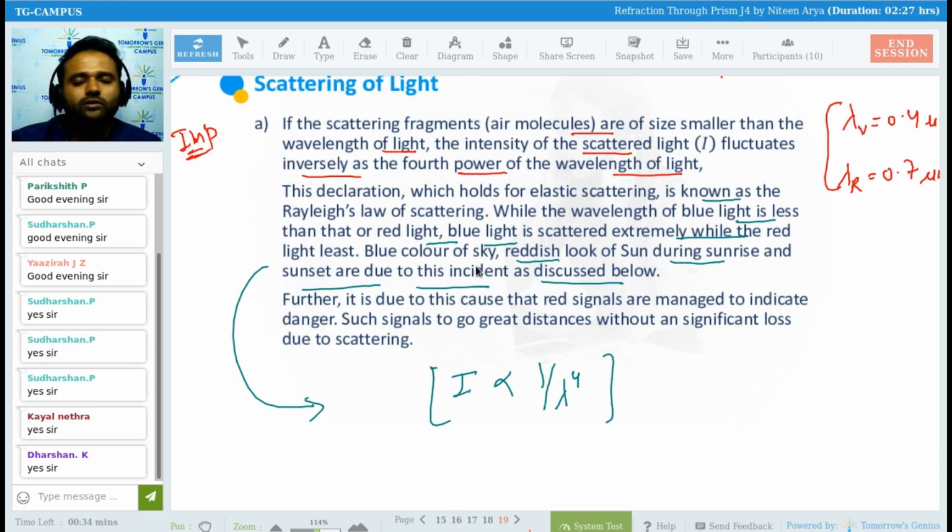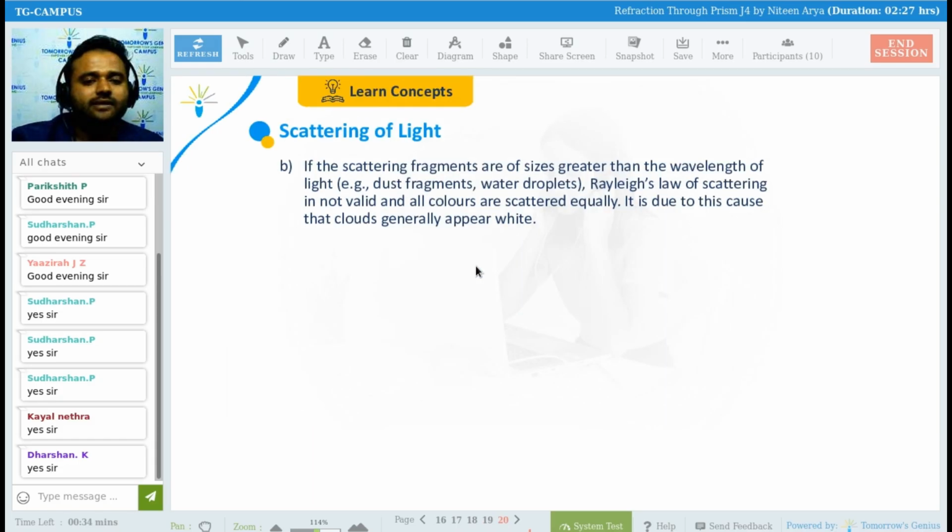The sunrise and sunset color is due to atmospheric scattering. Further, red signals are used to indicate danger because such signals go a great distance without any significant loss to scattering. Why do we make red the color of a danger sign? Because it is not scattered even over large distances. It can be seen easily from a few 2-3 kilometers. Scattering of light, the second important point.